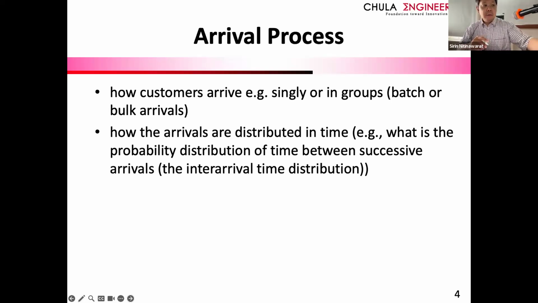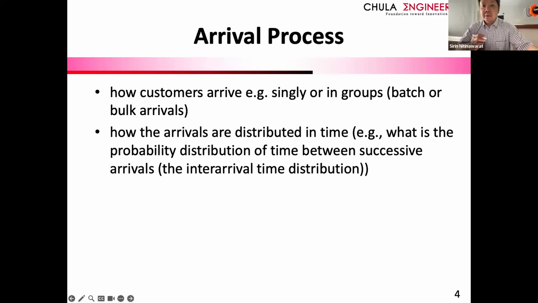And we all know that in communication, the way to model uncertainty is to look at the process in terms of probability. So you have to specify the distribution of these arrivals as a function of time.